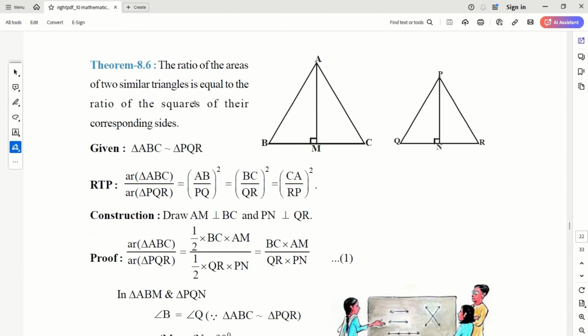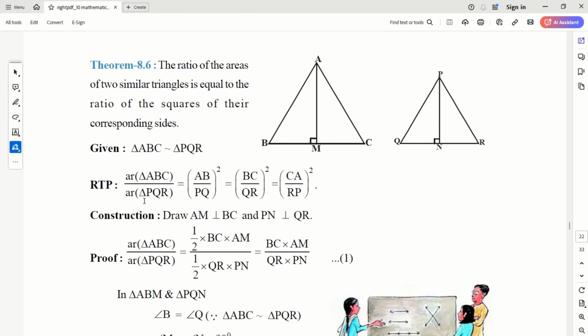Okay, the ratio of areas of two similar triangles is equal to the ratio of squares of their corresponding sides. Okay, this is the theorem. Let's prove it. Okay, triangle ABC is similar to triangle PQR. We are drawing altitudes, that is perpendicular lines AM and PN here. So this is the height of the triangle.